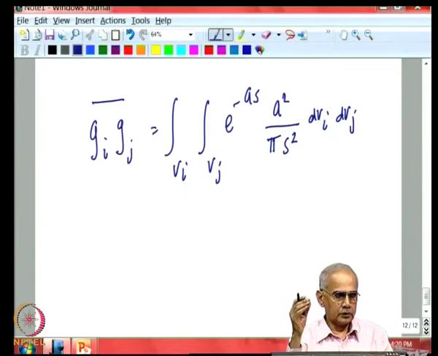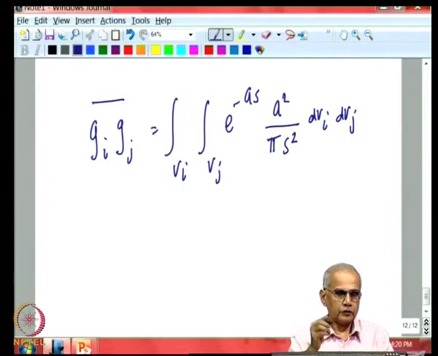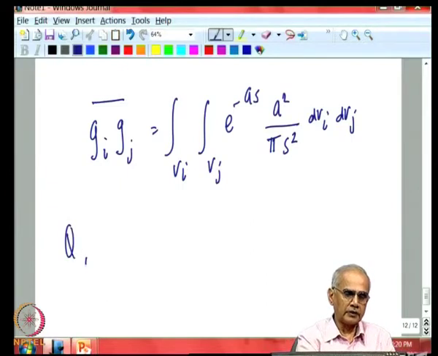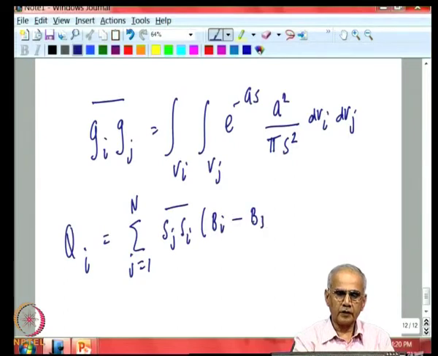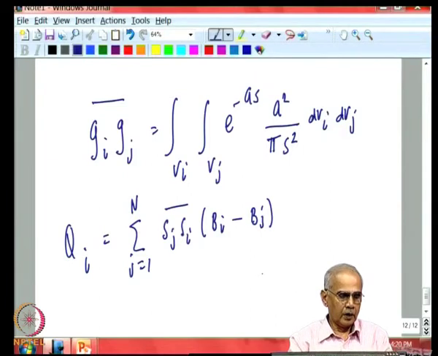Suppose you want to write down how much heat is arriving at surface i, we will sum over all j surface elements and go from Sj to Si and multiply by the radiosity difference to get the heat arriving at surface i. Now, how much is arriving at surface i from the volume elements?